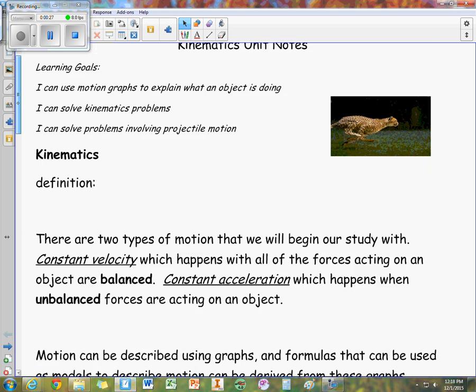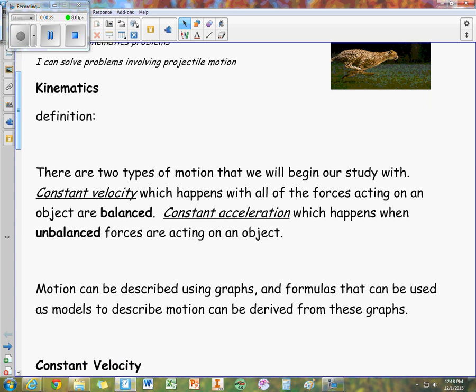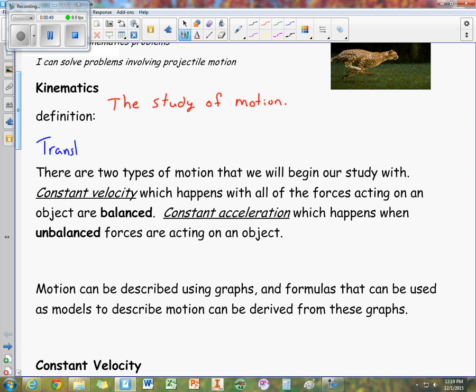All right, so kinematics. Basically, this is the study of motion. Now, motion can be divided up into 2 categories. First, we have translational. That is linear, or along a path.